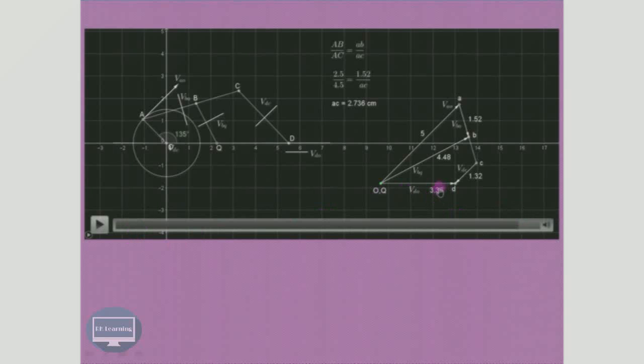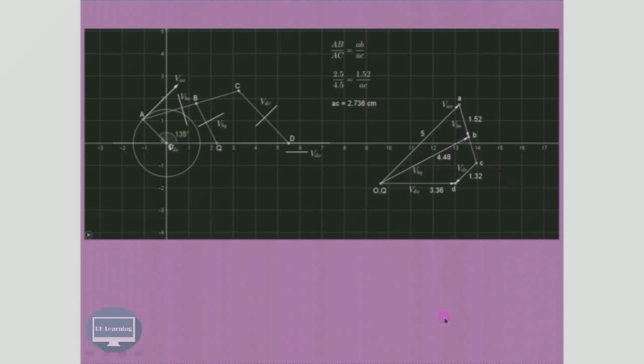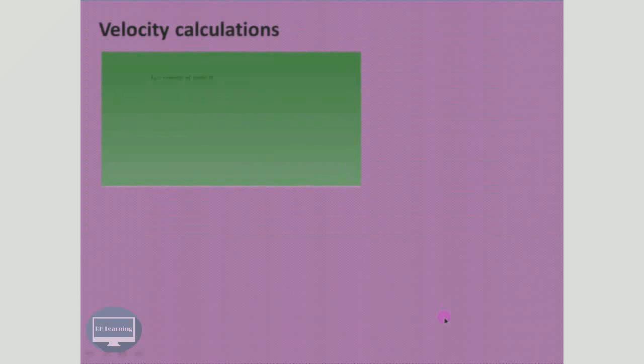That is the length that we have obtained. You just have to multiply this length by the velocity scale and you will get the respective velocities. So VDO, the length is 3.36, VDC it is 1.32, VBA it is 1.52 centimeter, and VBQ it is 4.48 centimeter. So let us use these lengths to find out the various velocities.